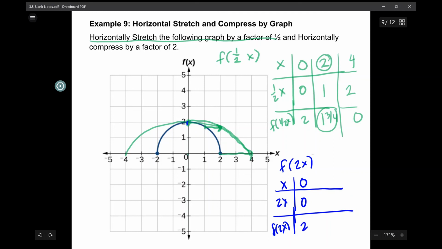So we still have this same point here. At x equal to 1, twice 1 is 2. The original function at 2 was 0, so now this is going to be 0 at 1. And I think we can see that what happened at 2 is now going back to 1. So we're going to look like this and like that for our horizontal compression.